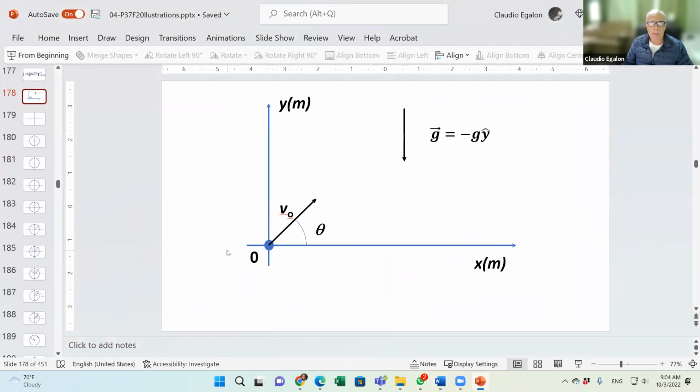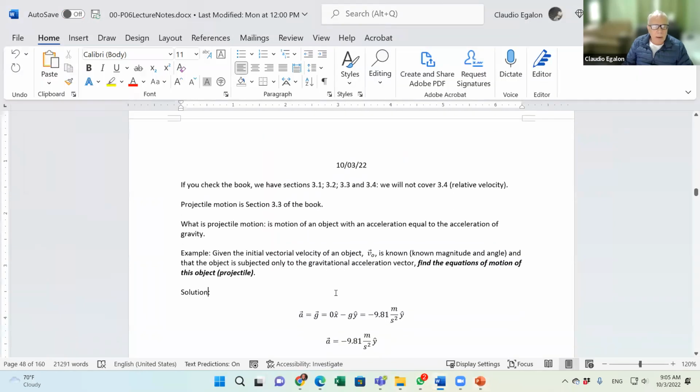Here you go. This object is subjected just to a vertical acceleration. It has a vertical acceleration, uniform acceleration, and no horizontal acceleration whatsoever. Okay? So I'm going to write that down here.